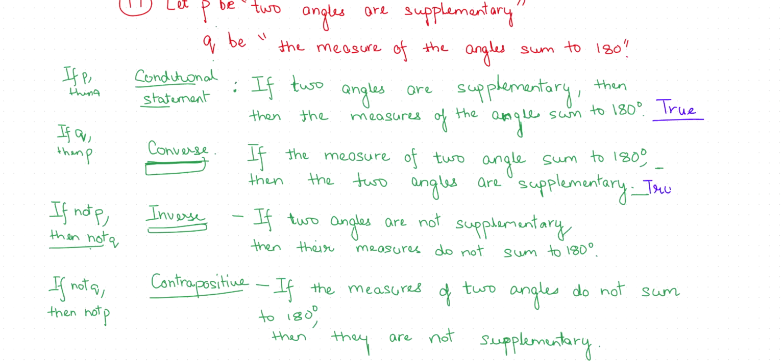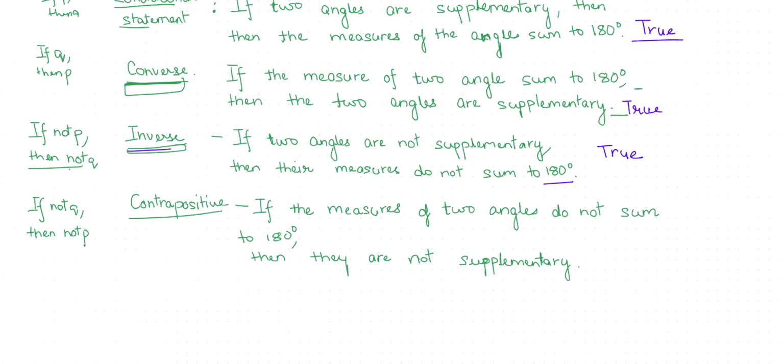And the inverse: if two angles are not supplementary, then their measures do not sum to 180 degrees. That is also true. Now the contrapositive: if the measures of the two angles do not sum to 180 degrees, then they are not supplementary. This is also true. We'll see cases when some of these may not be true, but in this case, all are true.